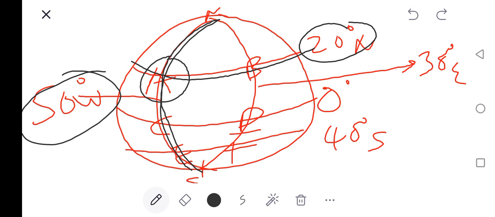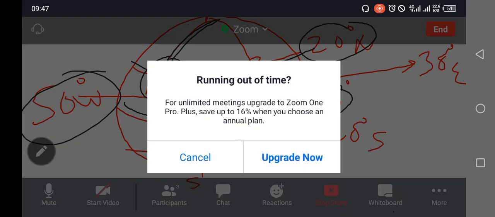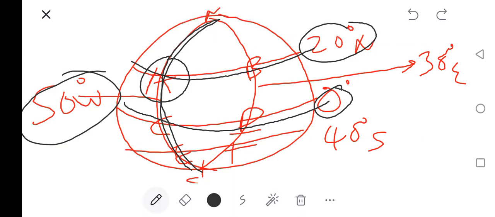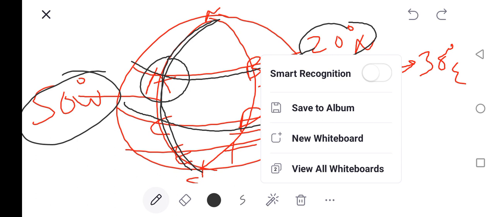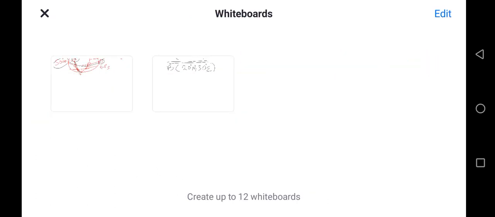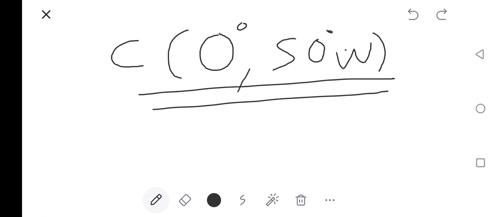You look at the line, you go like this. You check the number, and then you check where it is down. So if it's 0 degrees here, meaning, no, 0 has no direction. That's why it's in the middle. You just say 0 degrees, 50 degrees west. 0 has no direction.